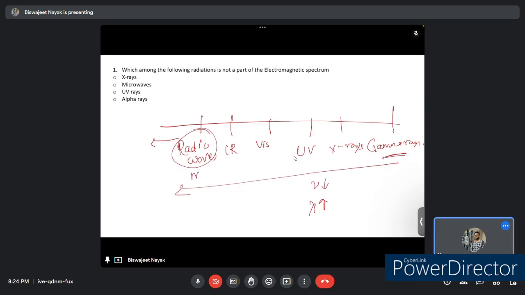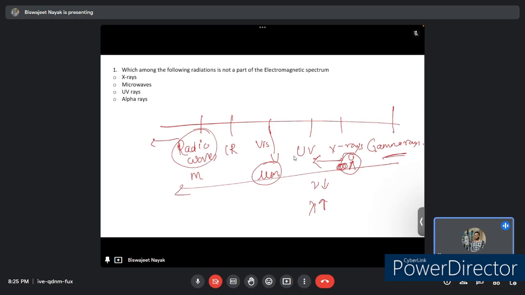Wavelength at the top varies in terms of meters, and as we go downward, from UV to X-rays we get into the order of angstroms.